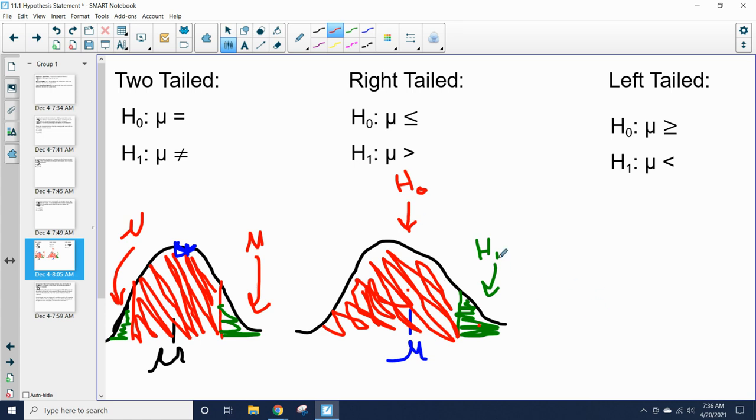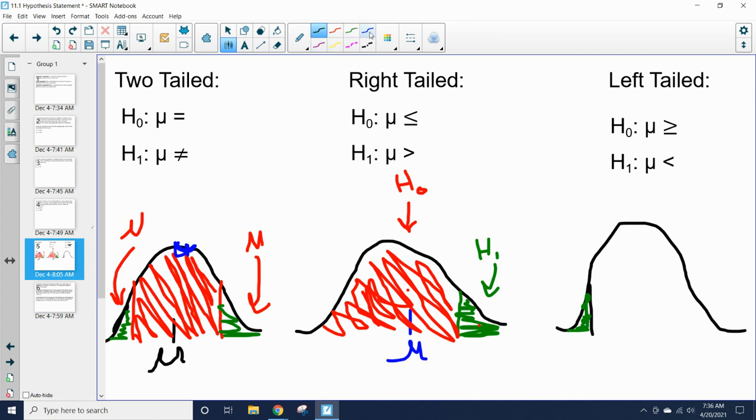A right-tailed test is always greater than the mean. It's to the right of the mean, in the greater values. Left-tailed test, you can probably figure out what that's going to be. That's always going to be less than our mean, always lower than. A left-tailed test is always going to be to the left of the mean, in the lower values of our z-score.